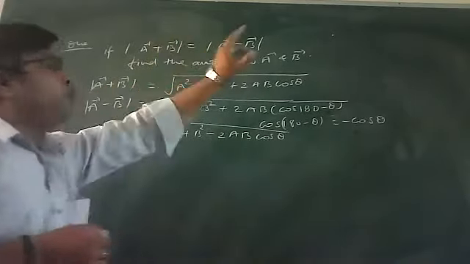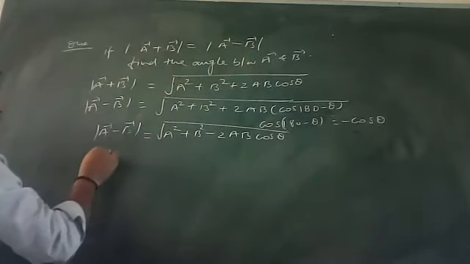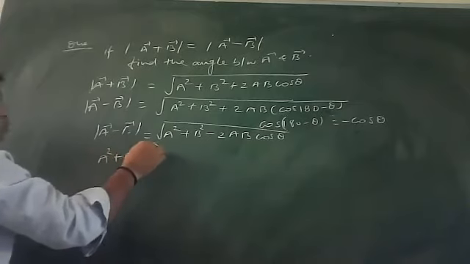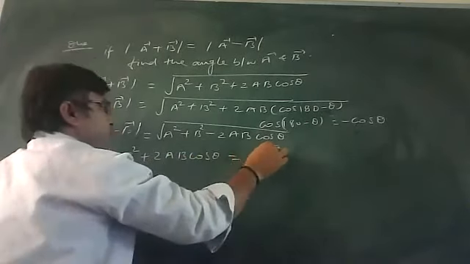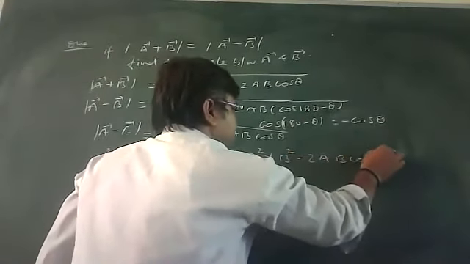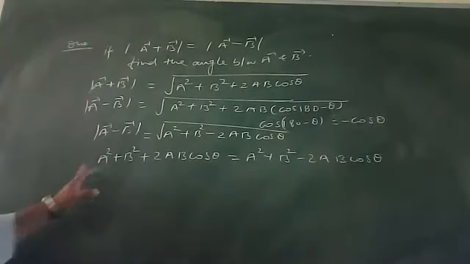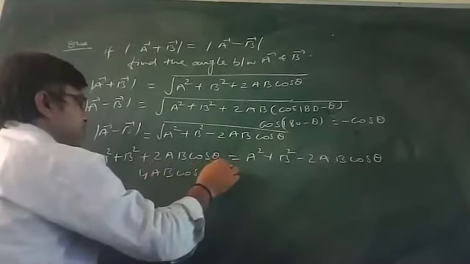The question gives that both moduli are equal. Then I am squaring both. Then I will write a square plus b square plus 2ab cos theta is equal to a square plus b square minus 2ab cos theta. A square, b square cancel out. You will get finally 4ab cos theta is equal to 0.